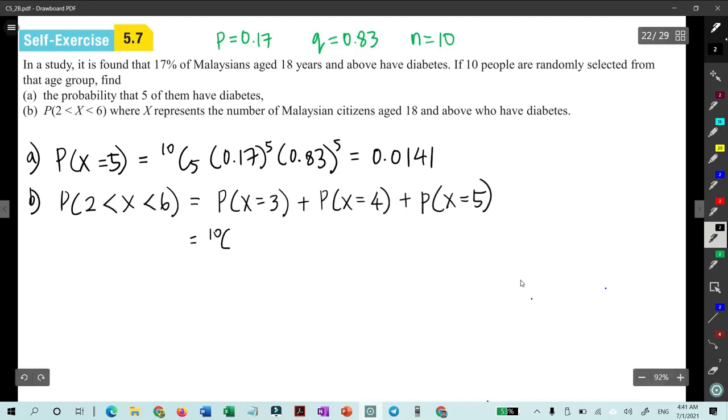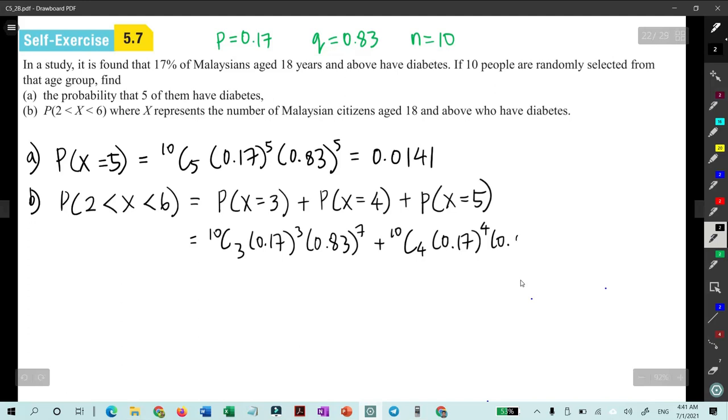So 10C3 times 0.17 to the power 3 multiplied with 0.83 to the power 7, plus 10C4 times 0.17 to the power 4 multiplied with 0.83 to the power 6, and we plus 0.0141.